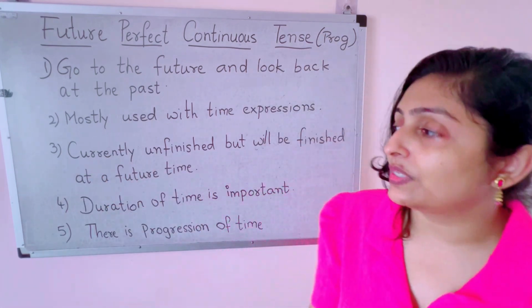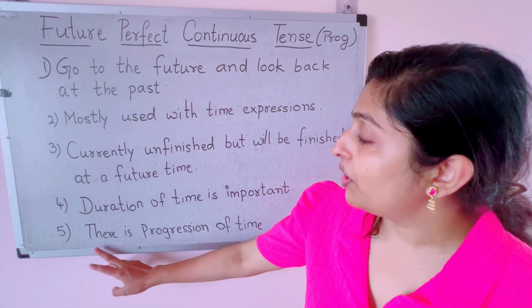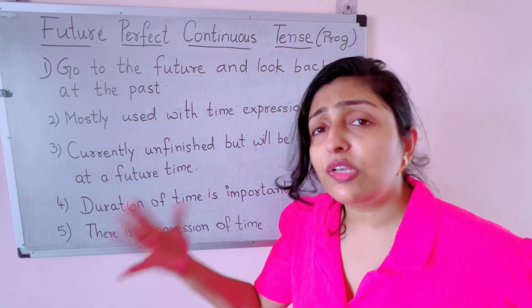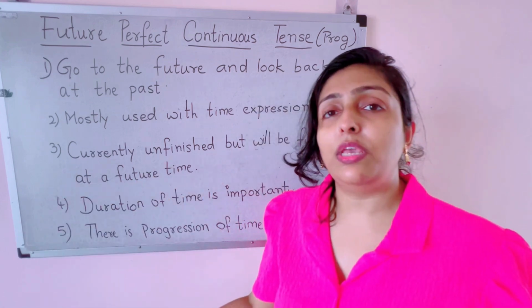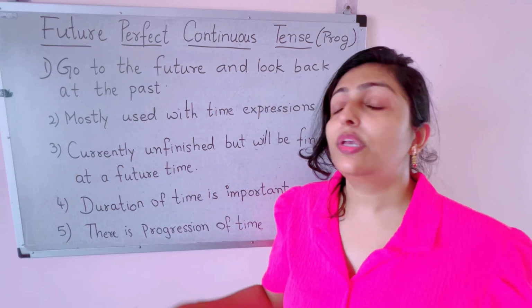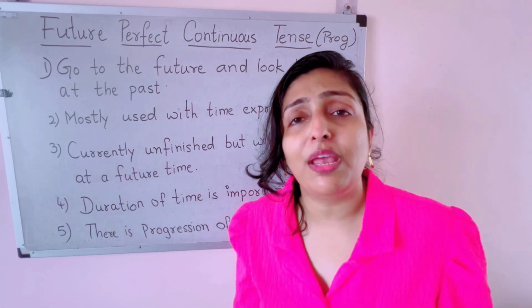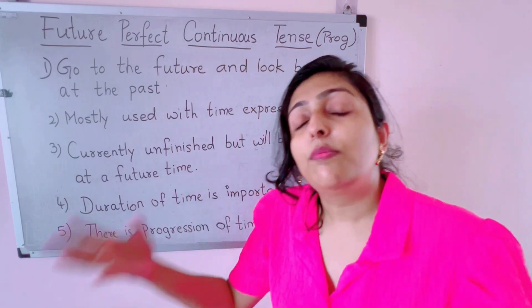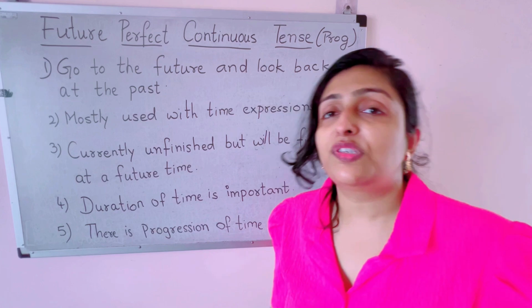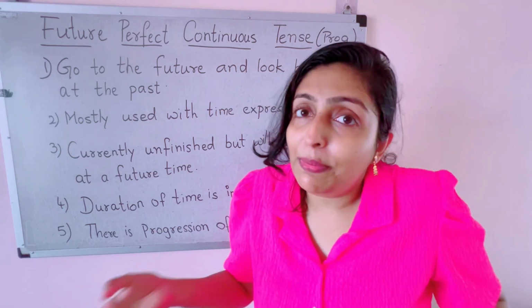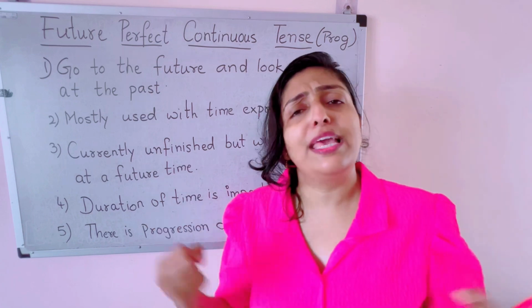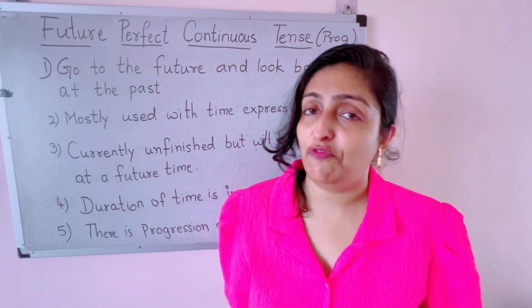Last point is, there is progression of time. Progress means there is continuity. The name itself suggests continuous tense or progressive tense, so obviously there will be a progression of time. Progression, duration, length of time is the extension of time.